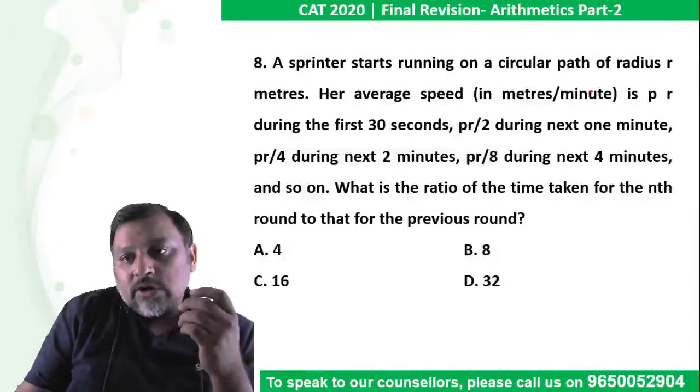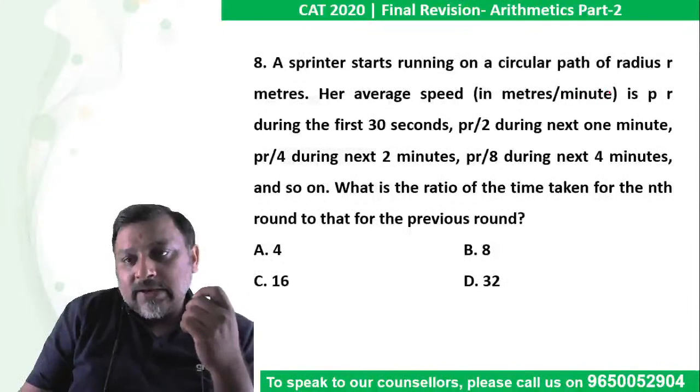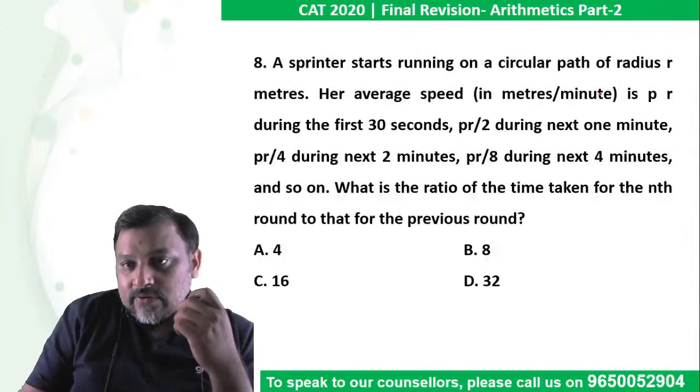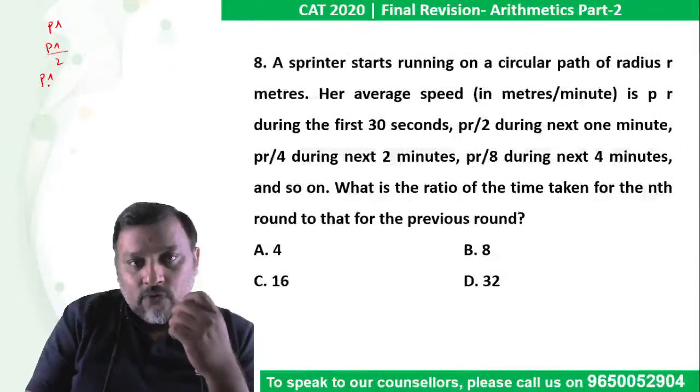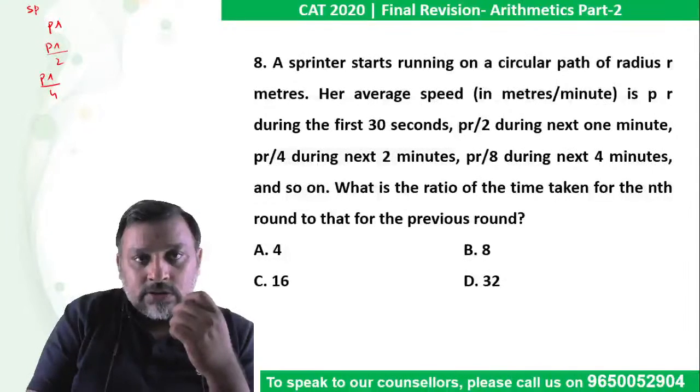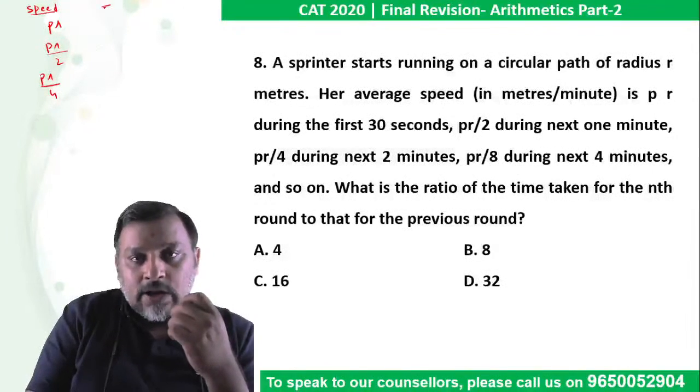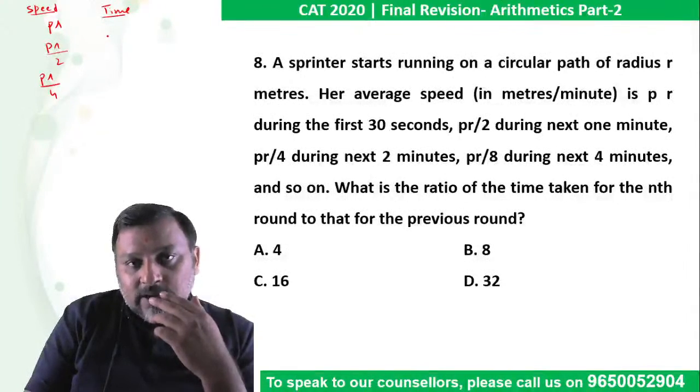Okay, see if I focus on this. What is happening here is the speed is becoming half. First it was PR, then it was PR by 2, then it is PR by 4, and so on. This is the speed. And if I look at time, every time is becoming twice.